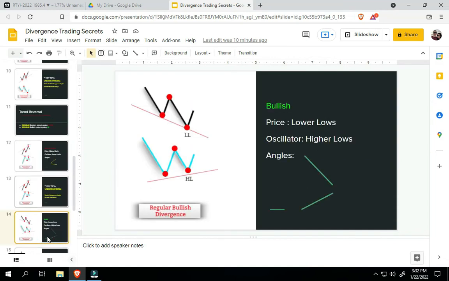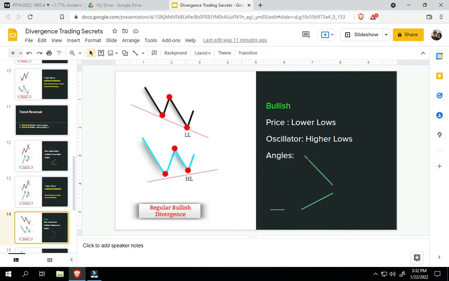Okay, now we're talking about the regular bullish. Here you have a price going down. You have lower lows, but your oscillator is showing higher lows. Again, anytime you're dealing with a bullish divergence, you're going to see the angle be at the very bottom, the valleys. With this bullish divergence, you're going to see the greater than sign.